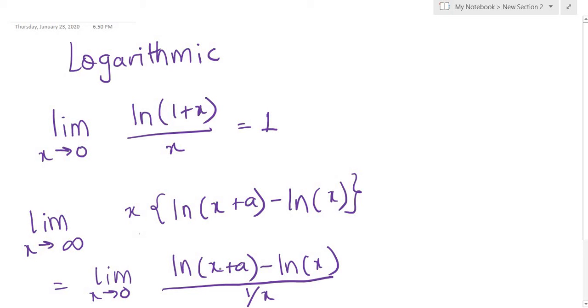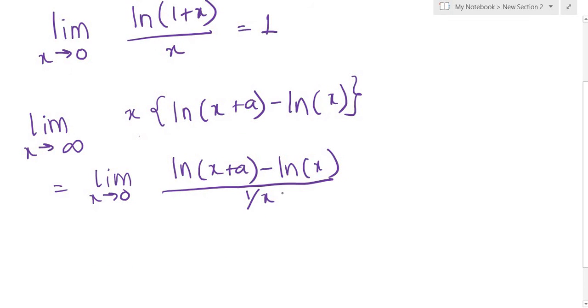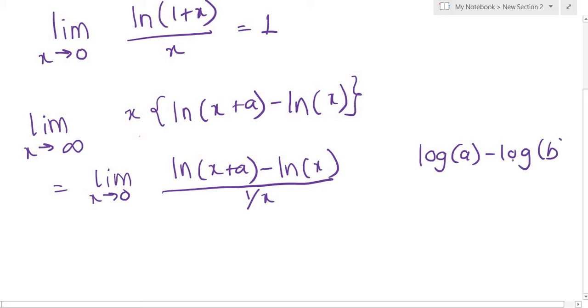So anyways, x is going on top and multiplying with this entire thing. Now in the numerator, I'm going to use this property of logs. Say we have log of a minus log of b. This is just the log of a by b.